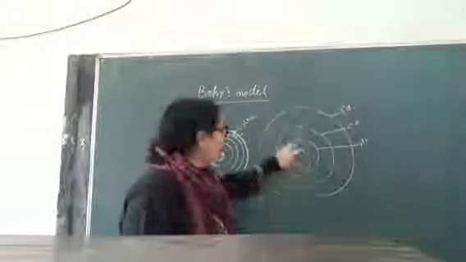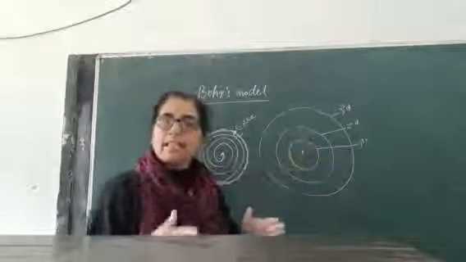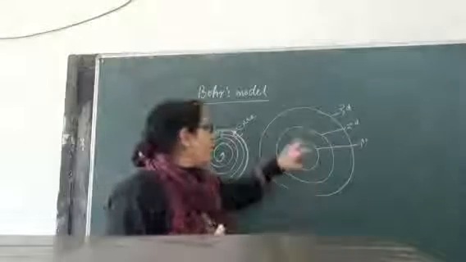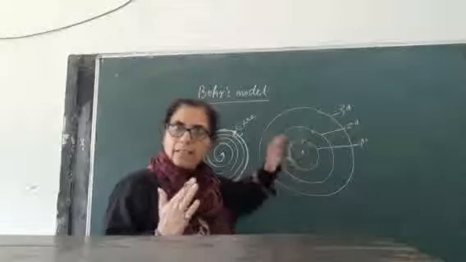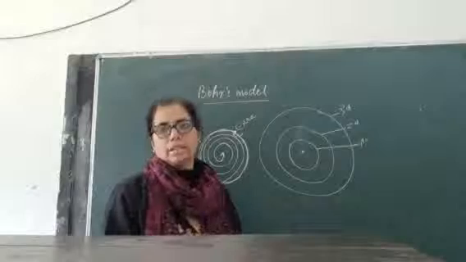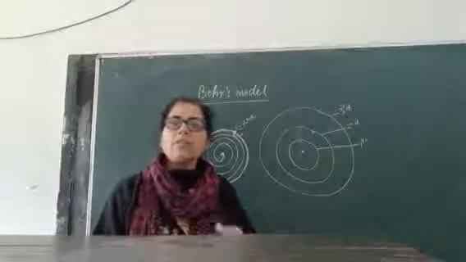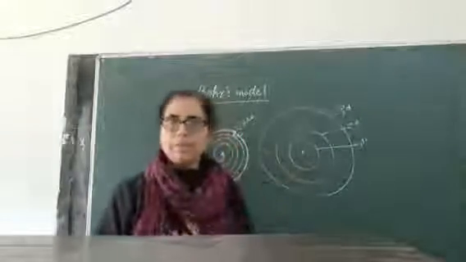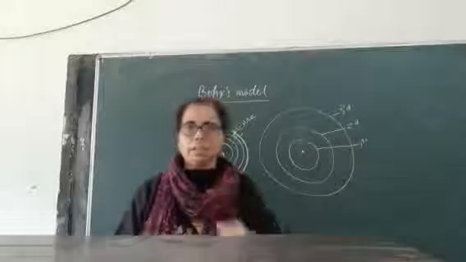According to Bohr, each shell has its own energy. The electron having energy similar to the level enters into that level. Electrons having low energy enter into the first shell, because the first shell has the lowest energy.